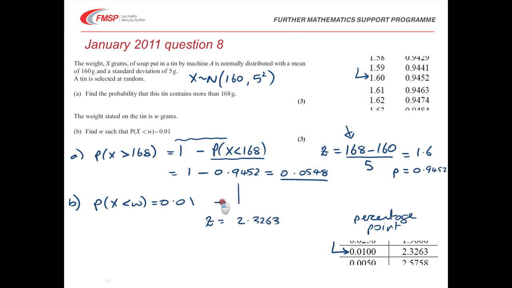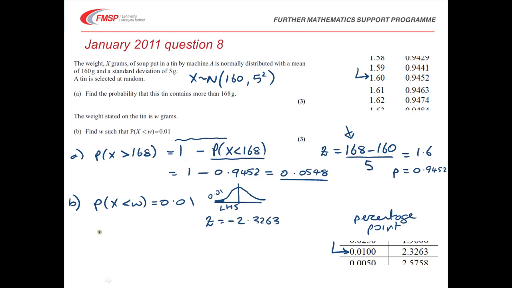But again, if you go back to a normal distribution, what we're really looking for is a value of W such that the area to the left of it is 0.01. So I'm definitely on the left hand side, so as a consequence it has to be a negative z value.